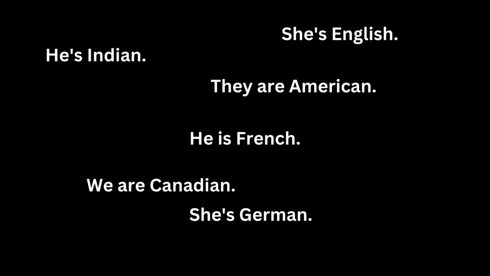But again, when you are telling somebody about somebody's nationality, then you do not use any article at all. For example, you will say, he is French, she is Pakistani, you are Indian. Sometimes you will hear that they say, she is a Pakistani or he is an Indian.